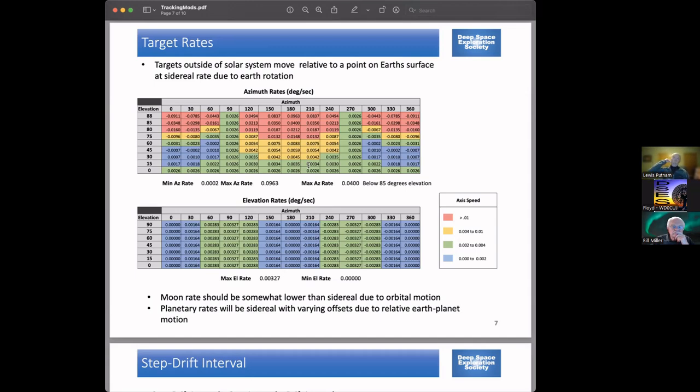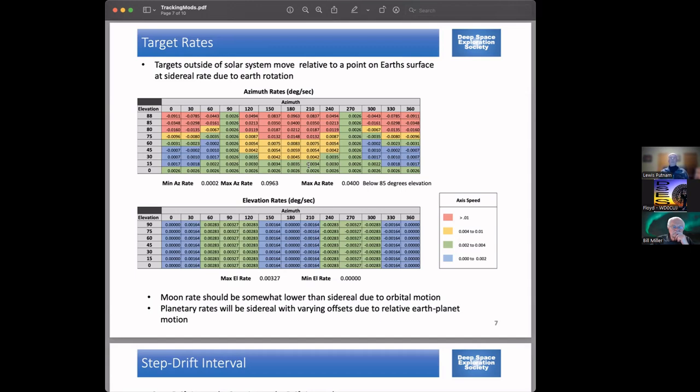So let me see on elevation, the elevation rates, the table works exactly the same, except that it does the elevation rate for a given azimuth combination. And there's a real definite pattern here. It's basically in the east and the west, the rates are the highest.